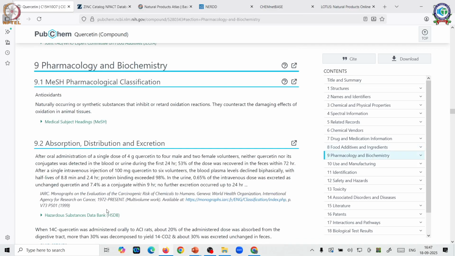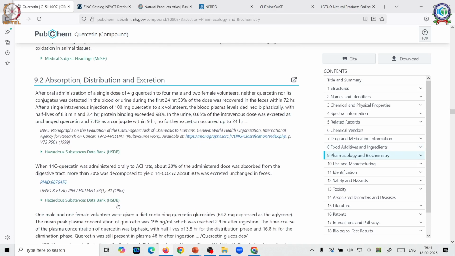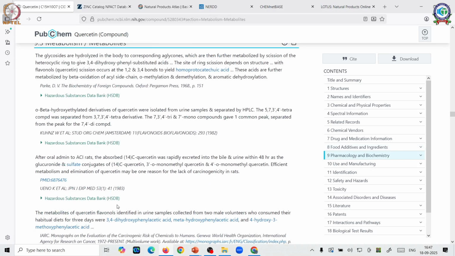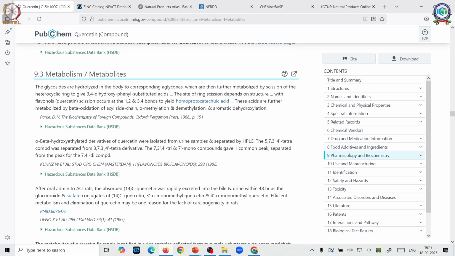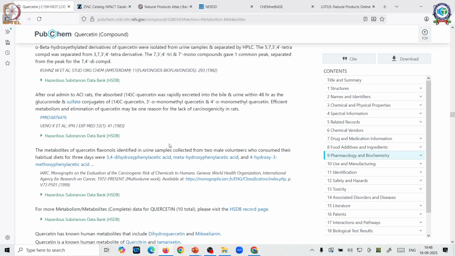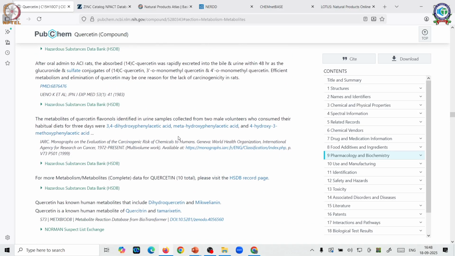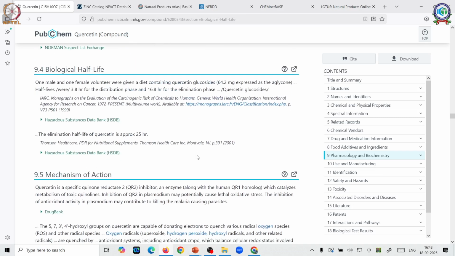The pharmacology, any reports pertaining to the pharmacological use of this. Metabolism, what happens to it if you consume quercetin. See, that's why I said when you're doing literature, these servers can help you out with the whole thing. So I need not study this again. I already know what my quercetin is going to be metabolized into just by browsing through this software.